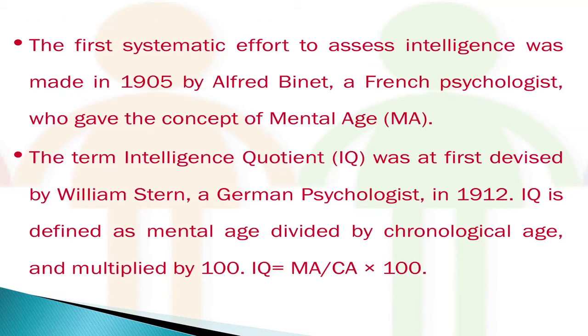The first systematic effort to assess intelligence was made in 1905 by Alfred Binet, a French psychologist who gave the concept of mental age, MA. The term intelligence quotient, IQ, was first given by William Stern, a German psychologist, in 1912. That is, IQ is equal to MA upon CA into 100.